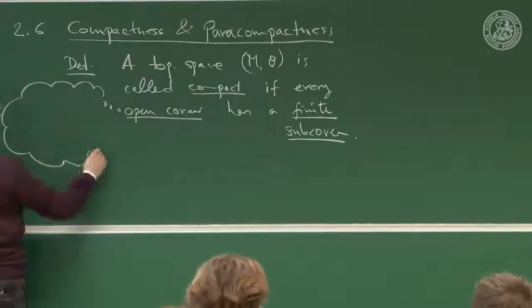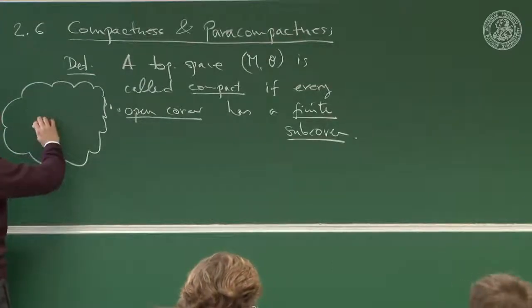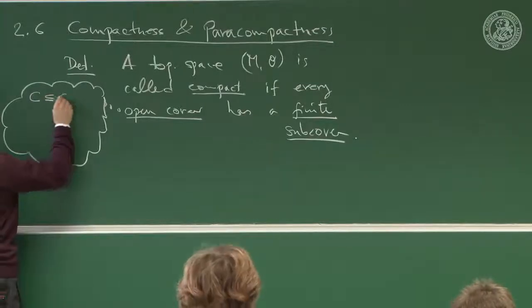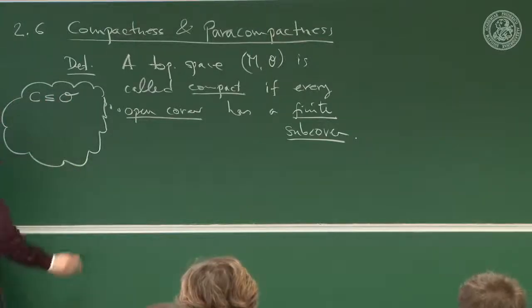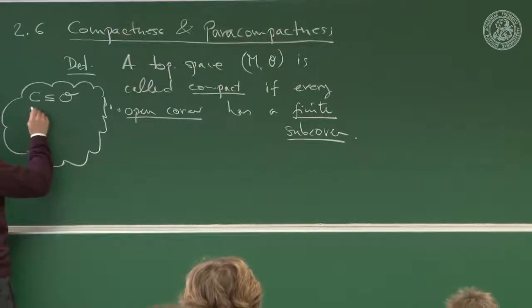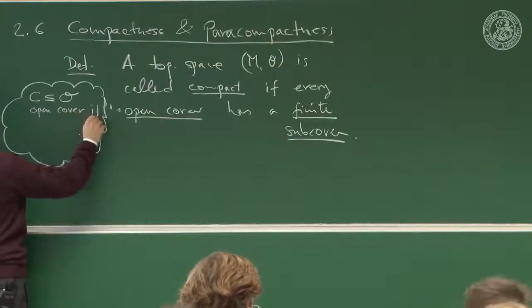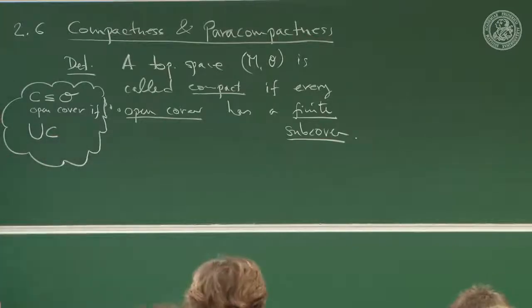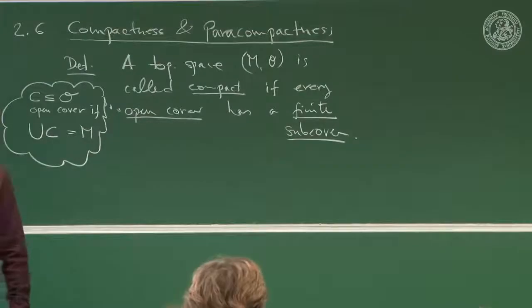That's a notion that's useful to know on its own. An open cover, so if C is a subset of the topology of the space, so it's a collection of open sets, then C subset of O is called an open cover if, very simply, the union of all the sets in C already recovers the entire topological space.